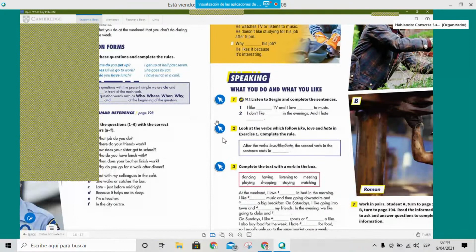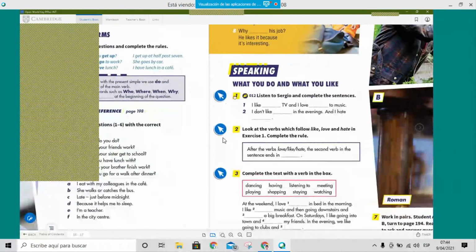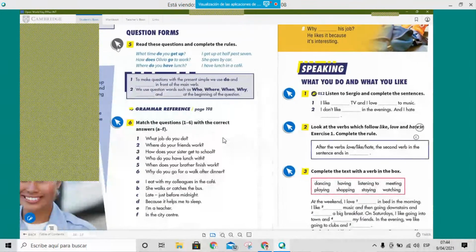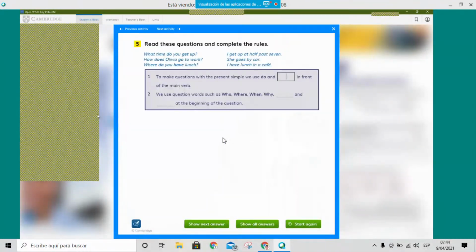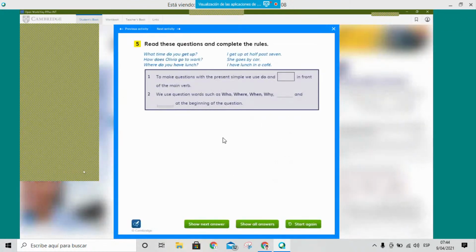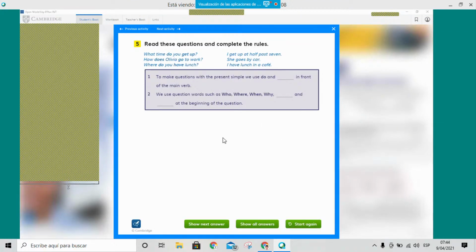What do you think? Miguel Ángel, sorry. What do you think, Miguel Ángel? What word goes there? Yes. Miguel Ángel?